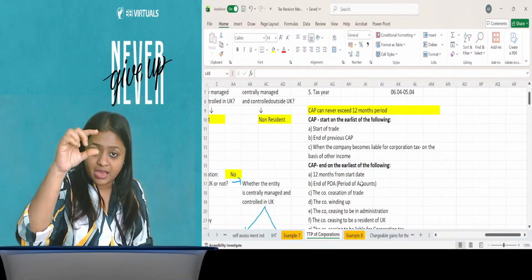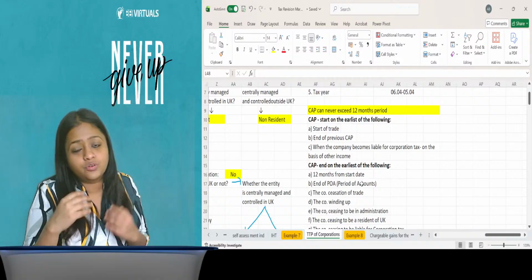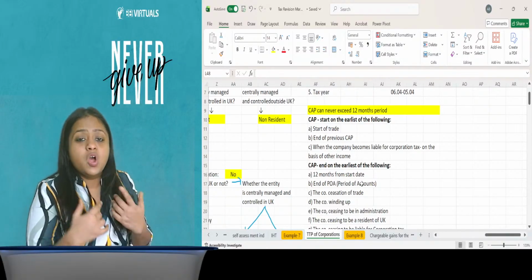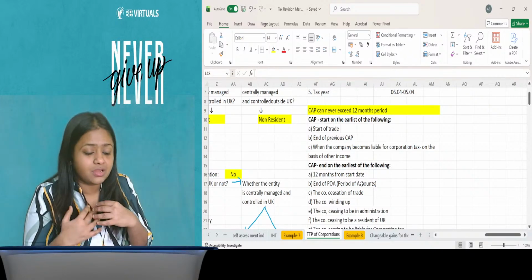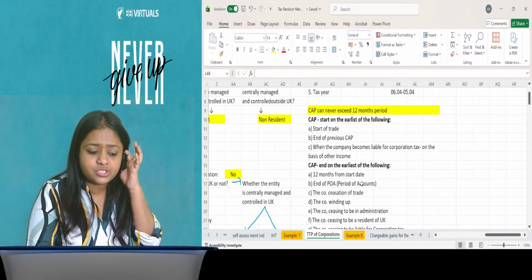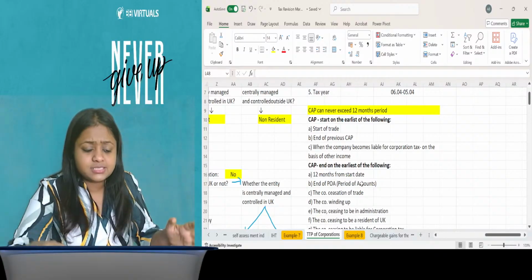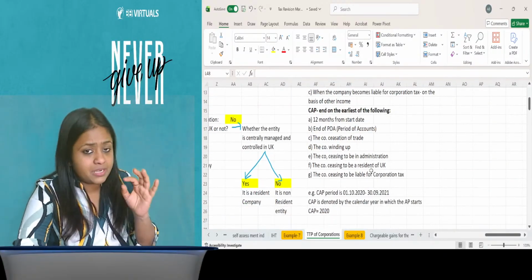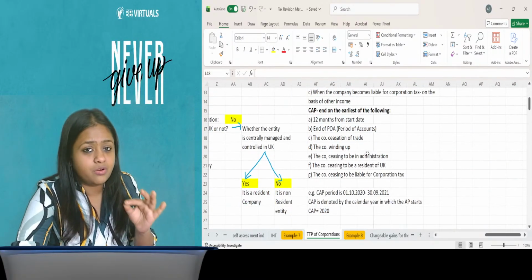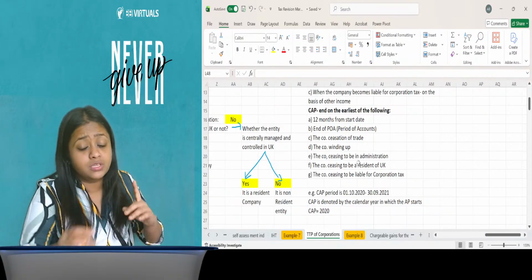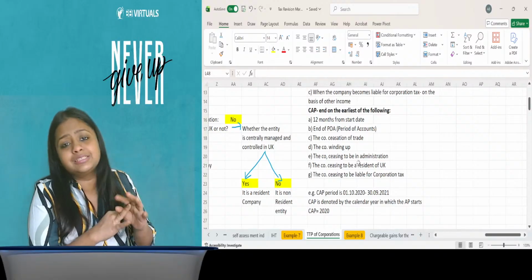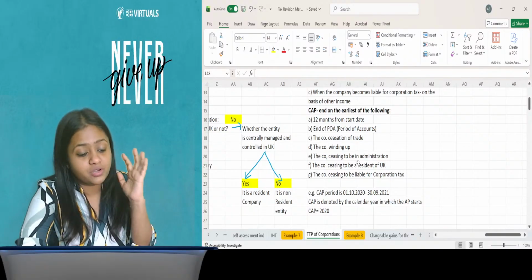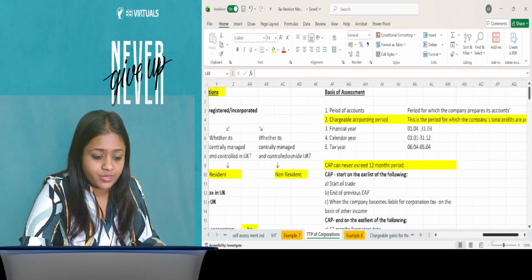So basically, the earliest of these dates will be the start. From there, you can take 12 months, or the end of the CAP, or when the trade is ceasing, the company is going into liquidation or administration, or a cessation is taking place. But in any case, this period cannot exceed 12 months. And very important, the date of incorporation is not the start of the CAP. The start of trade is the start of the CAP. Very, very important point.